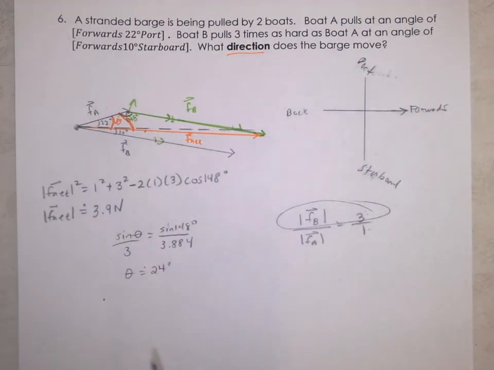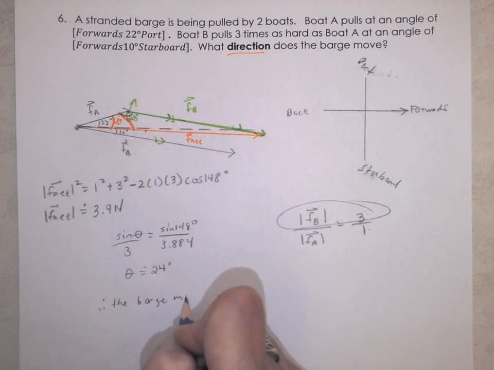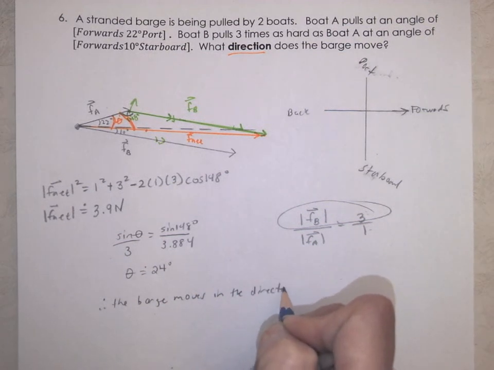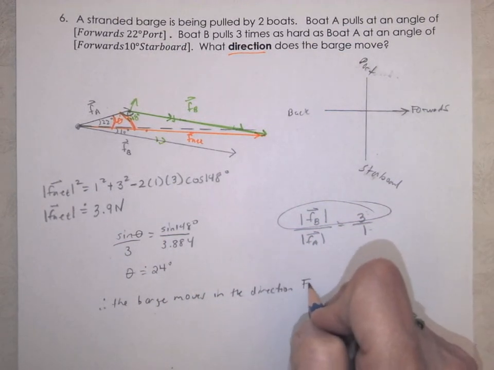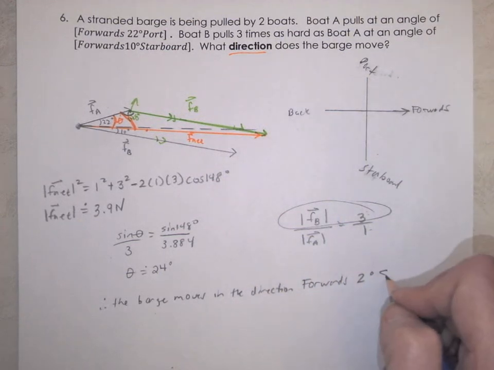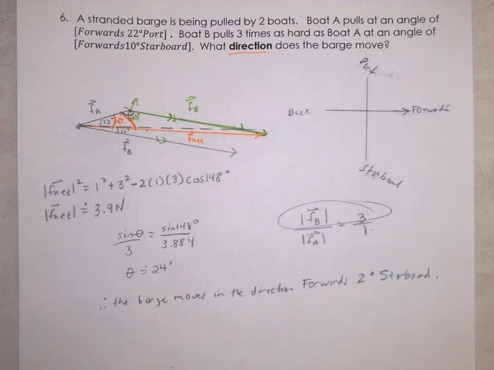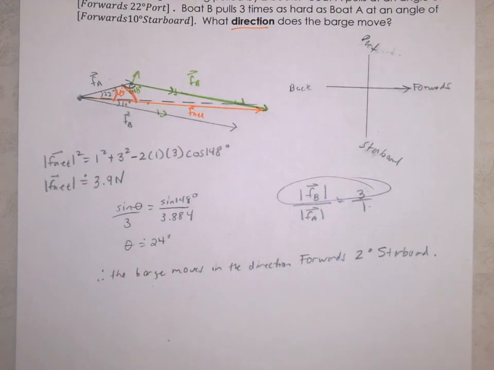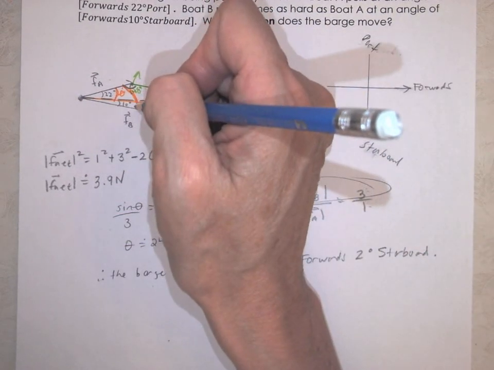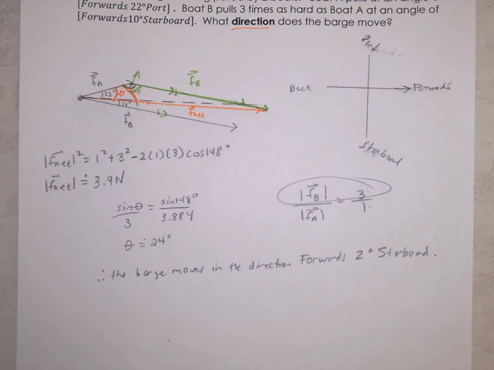So therefore, the barge moves in the direction forwards and only 2 degrees towards the starboard side, because angle theta is actually 24 degrees, bigger than 22, so it goes 2 degrees towards the starboard side.